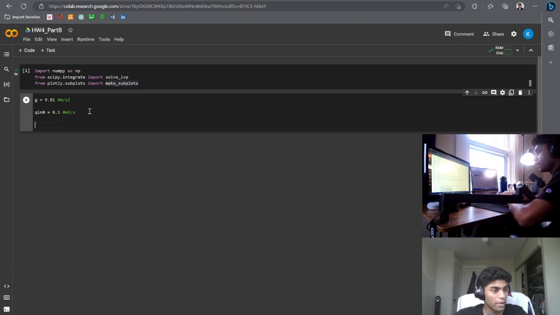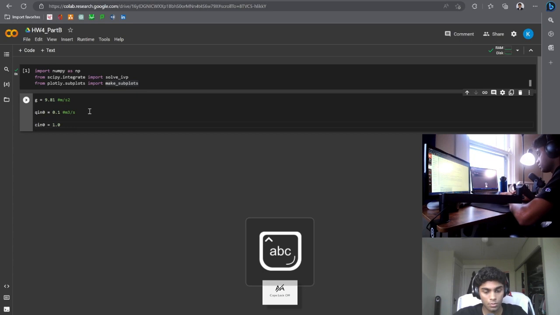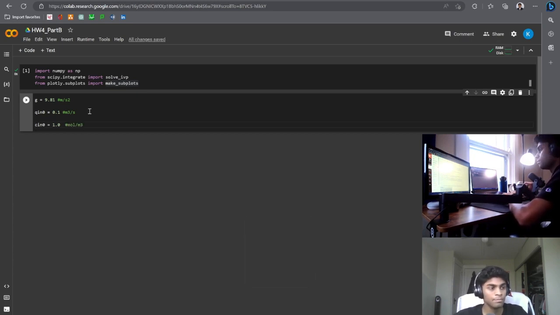I'm also going to go ahead and define the initial concentration. So C in initial is 1.0 moles per meter cubed. Now the inlet flow rate increases by 10% at time equals 0.